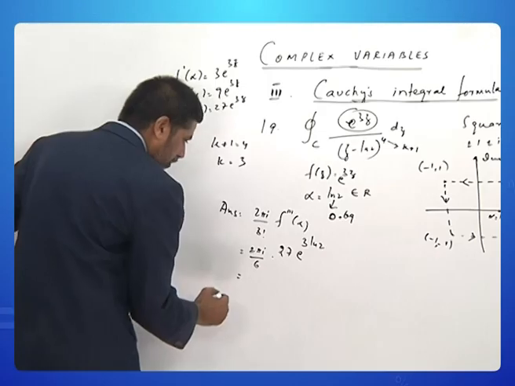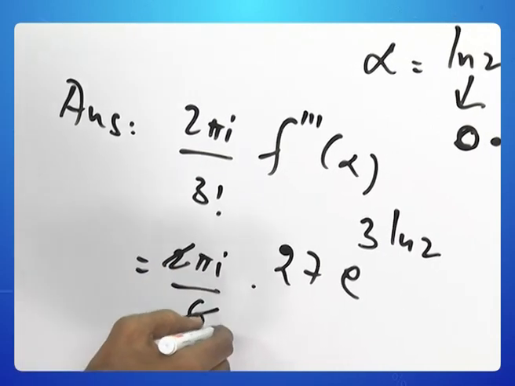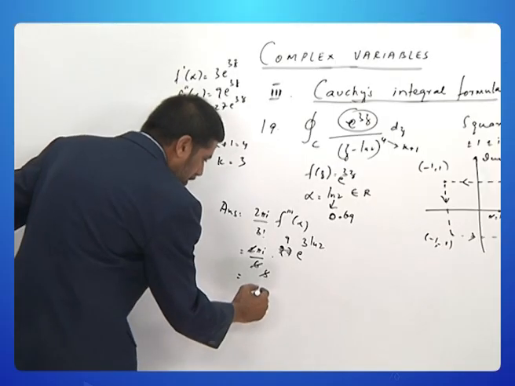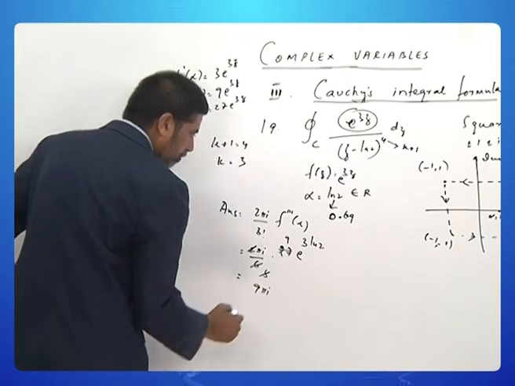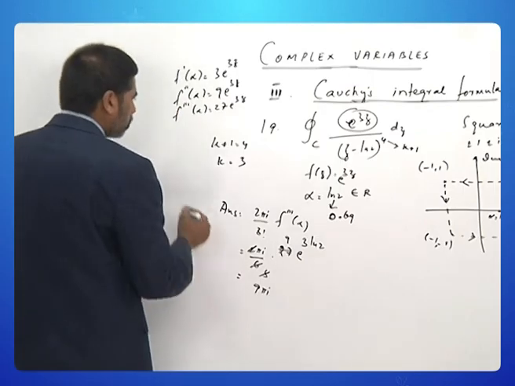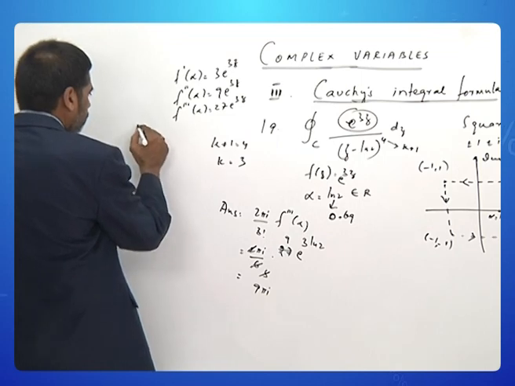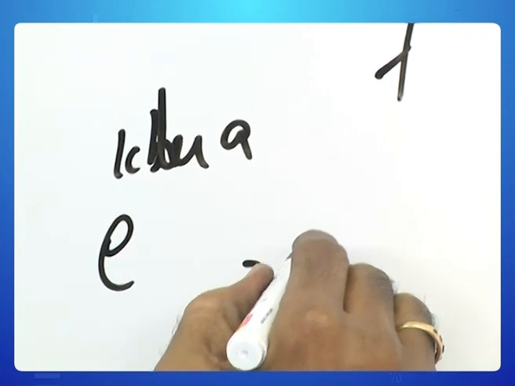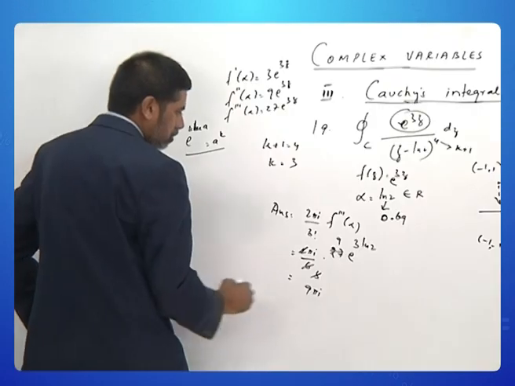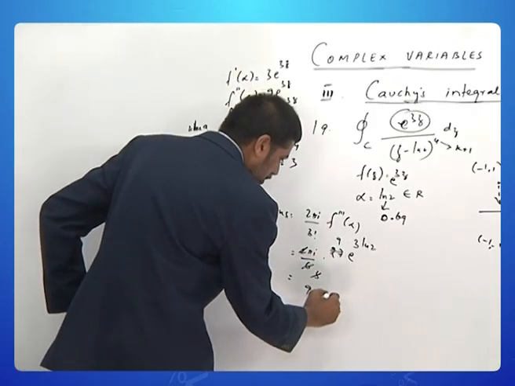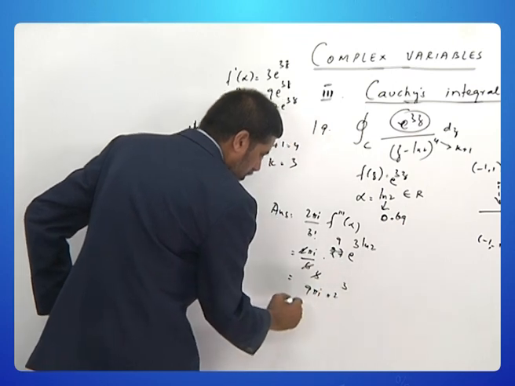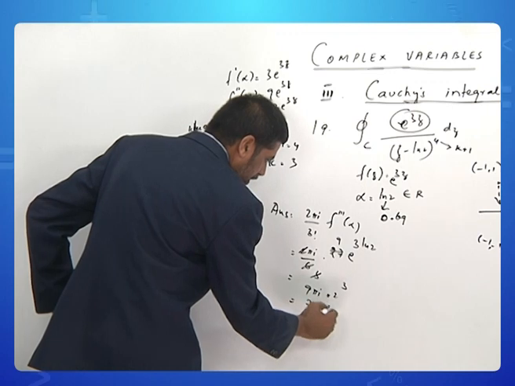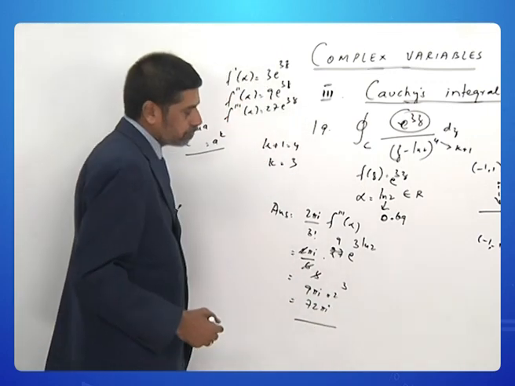So this will be nothing but 2 3s, 3 9s, 9 pi I e power 3 log 2, e power k log a is a power k. So this is nothing but 2 cube. So 72 pi I is the output.